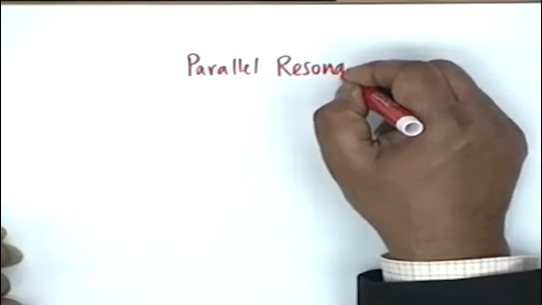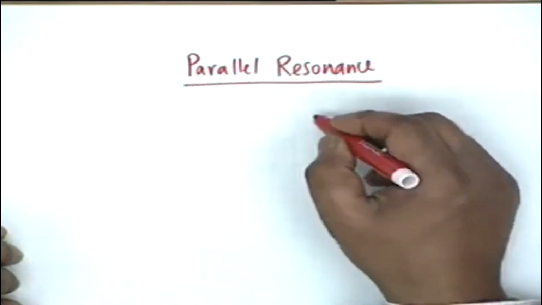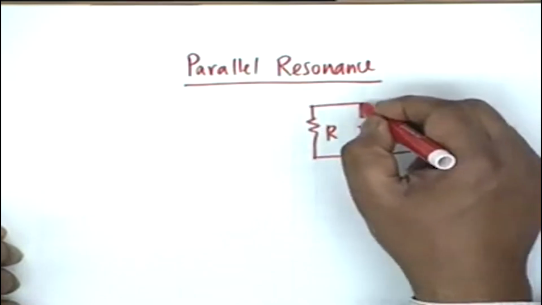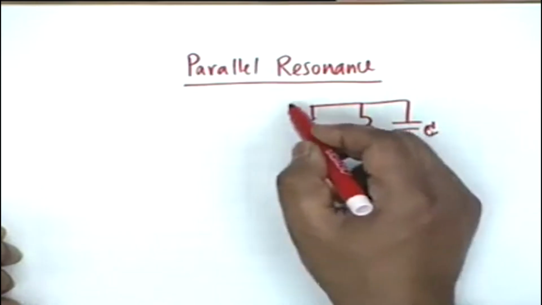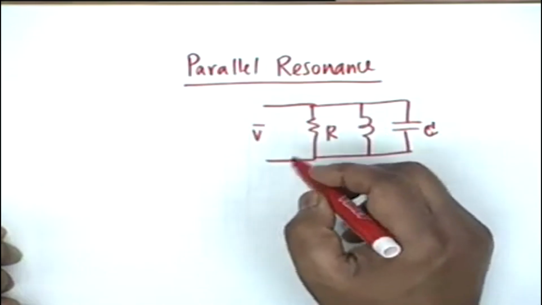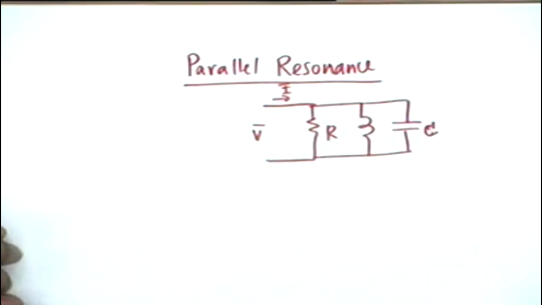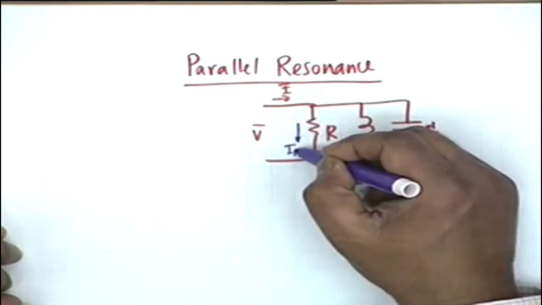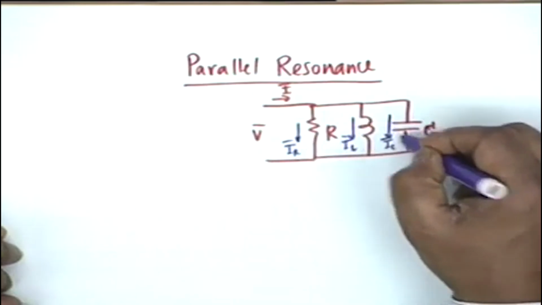We can also consider the dual circuit in which the three elements are connected in parallel, R, L and C, and then it would make sense to talk of a voltage excitation and find out the total current phasor in the circuit, and it will consist of three components, namely IR, IL and I sub C.